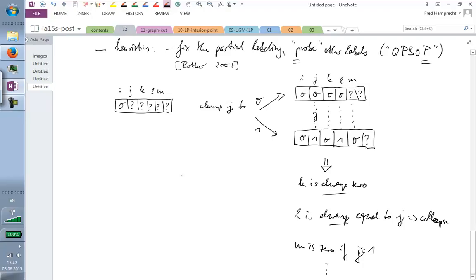In this particular example here, I'm not sure if it's in the paper, this can be found in a tutorial by Pushmeet Kohli, 2011 or so.